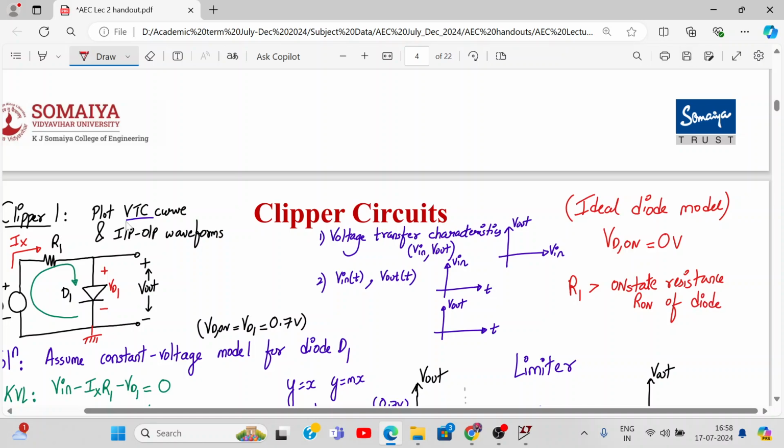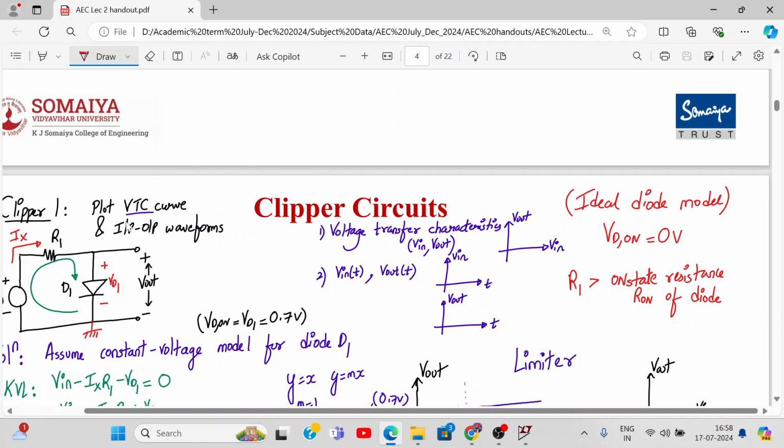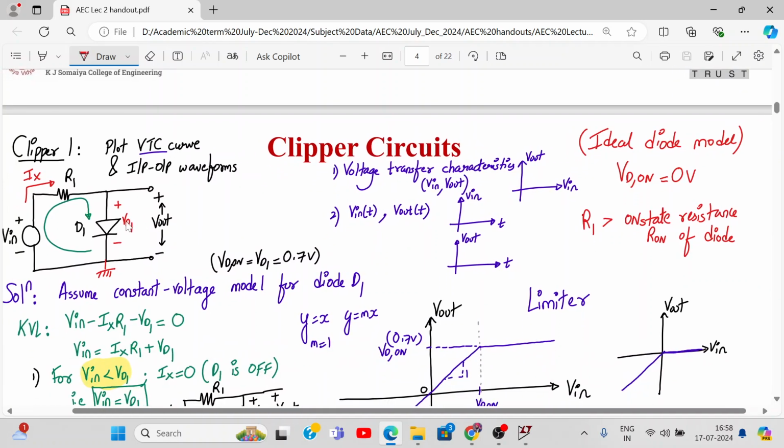You will say, what is this? See, when the diode is on, a lot of current flows through it, right? So there is something called the on-state resistance of the diode. So maybe this value of resistance is around 2 to 10 ohms. It's just an example which I'm giving. So select R1 which is very much greater than that. If you select 1 kilo ohm, then it will be safer.